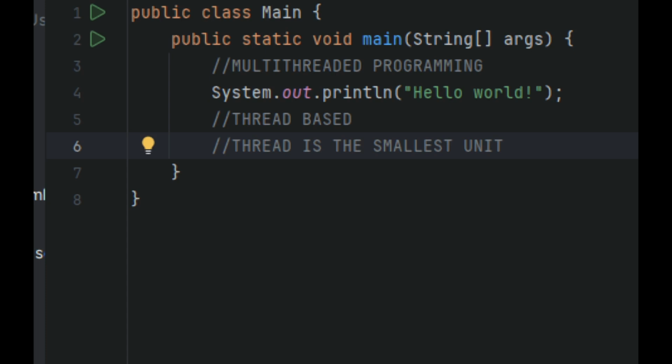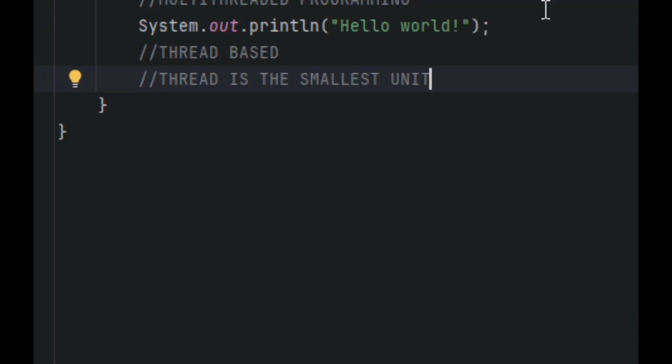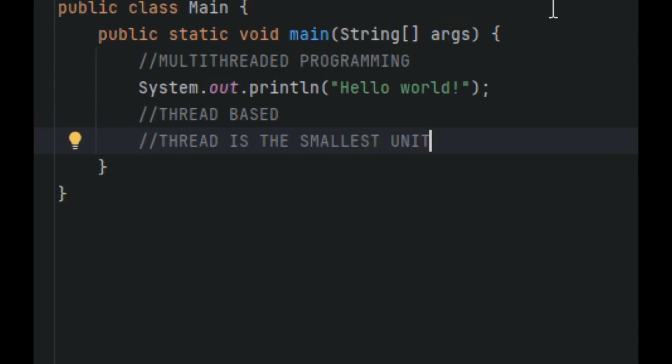It's very important for us to understand the two different types of multitasking.